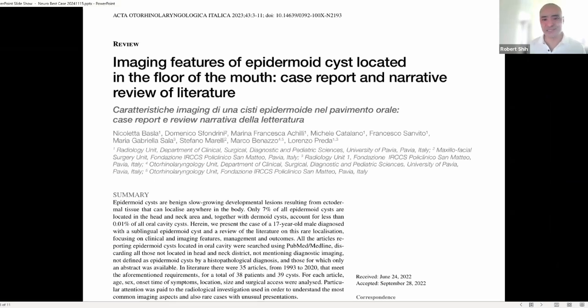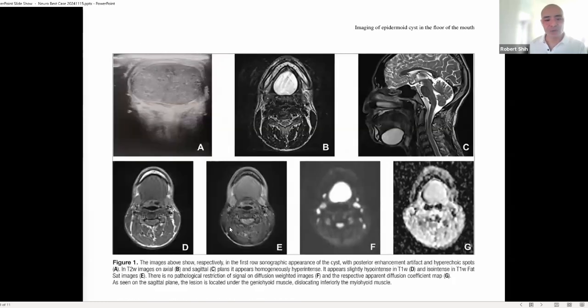And we've talked about this a lot in the neuro course in various locations. This is an article talking about rare epidermoid cysts in the floor of the mouth. You can see down here in the abstract it says it accounts for less than 0.01% of all oral cavity cysts. And they go on to show a case that looks very similar to ours.